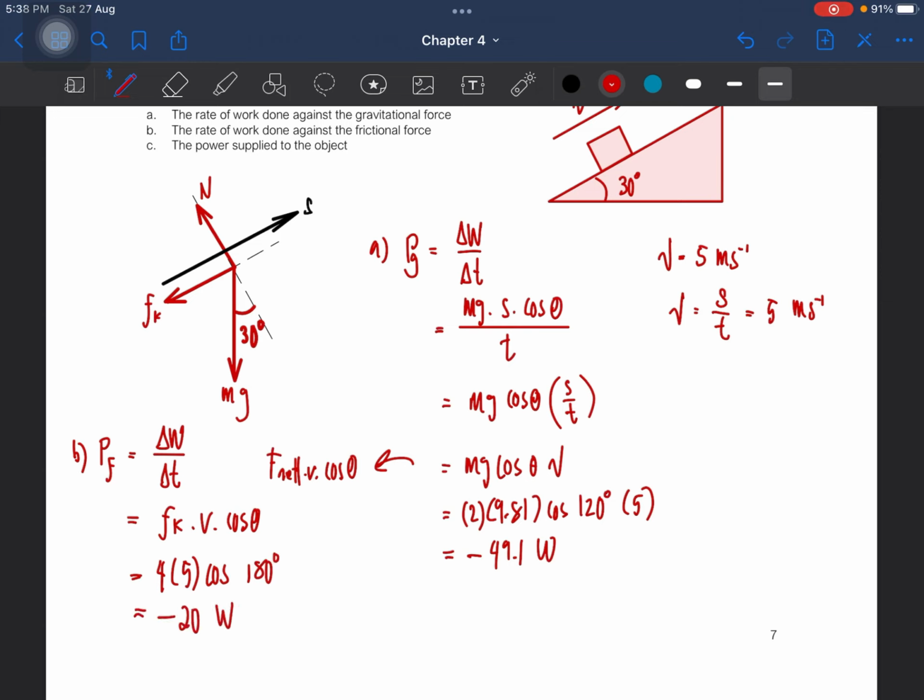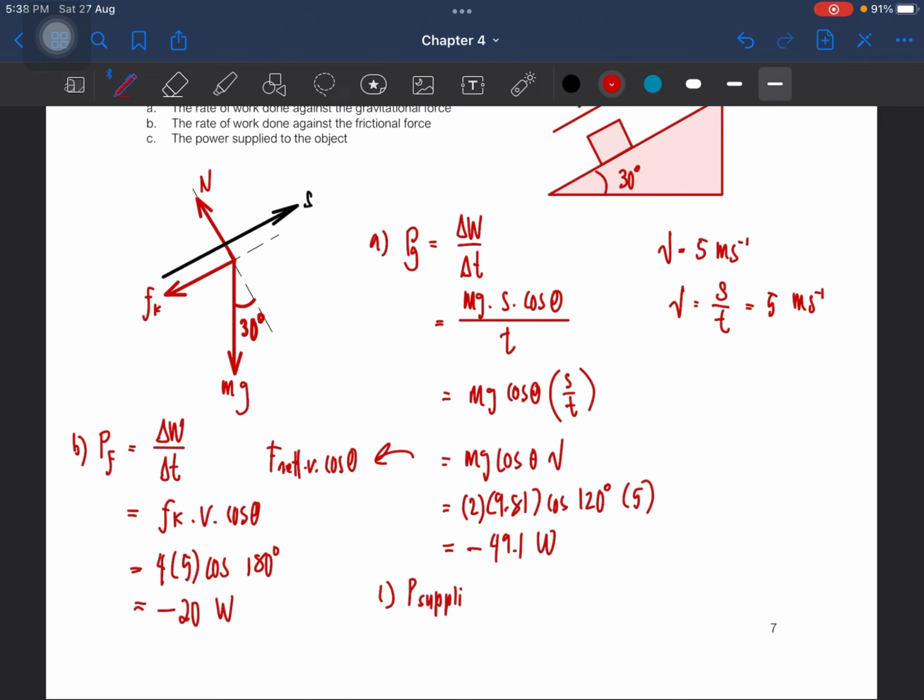Okay, then what do we need next? We need to calculate the power supplied to the object. Okay, so the formula for power supplied to the object is just the addition of the two. So you just put power gravitational force plus power kinetic friction.